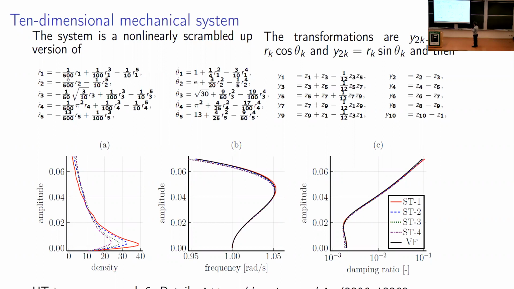And the idea is to figure out from this huge system, which is a system of decoupled oscillators initially, scrambled up using a nonlinear transformation, just to make it a bit more complicated, the lowest vibration mode of this system and how the frequency along that vibration mode changes with amplitude, and how the damping ratio changes.